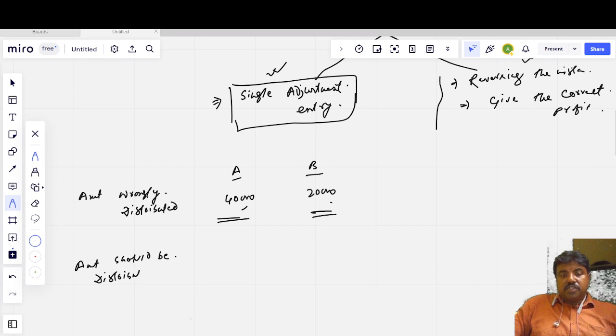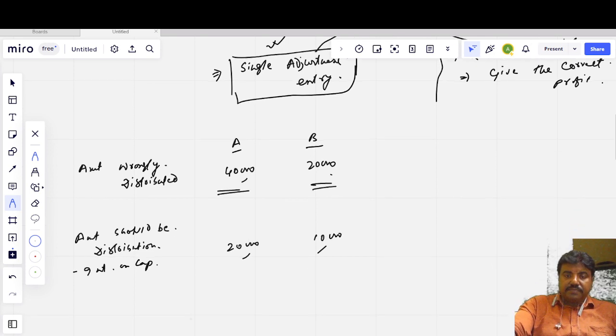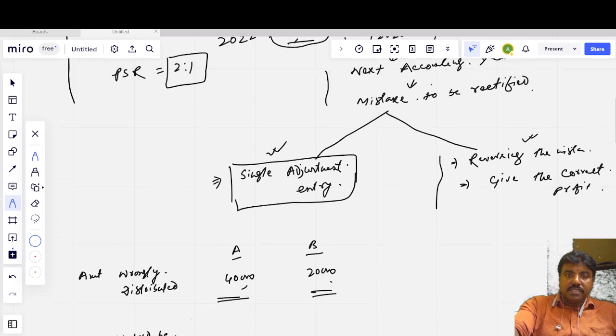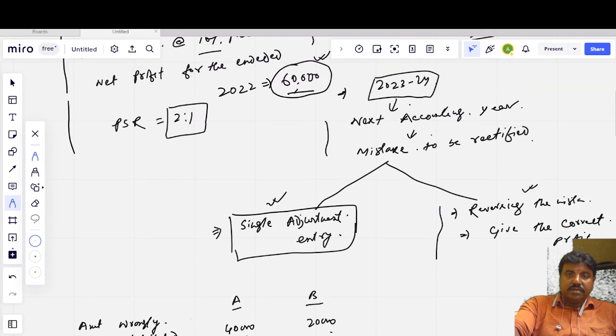So if the distribution is made in the correct way, then how to do the distribution? First they will get interest on capital. A's capital is 2 lakh, so 2 lakh into 10%, A should get 20,000 and B should get 1 lakh into 10%, 10,000. And the profit sharing ratio, what was the profit sharing ratio? It was 2:1.